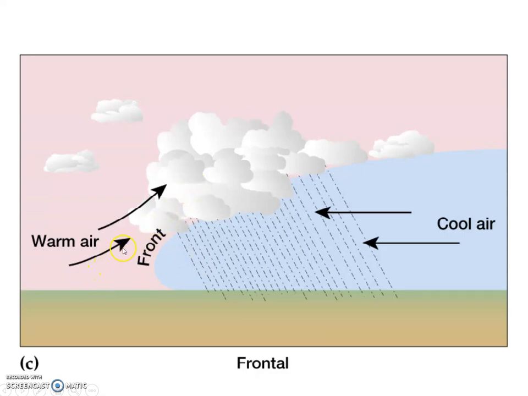Of course, as the warm air moves up, it cools adiabatically, and perhaps it cools to the dew point temperature, 100% relative humidity, and clouds may form and rain may fall. This type of uplift is really common in the mid-latitudes, where we have a mixing of cool and warm air.